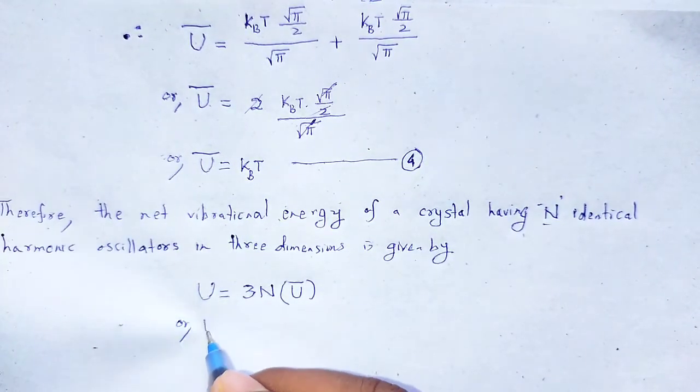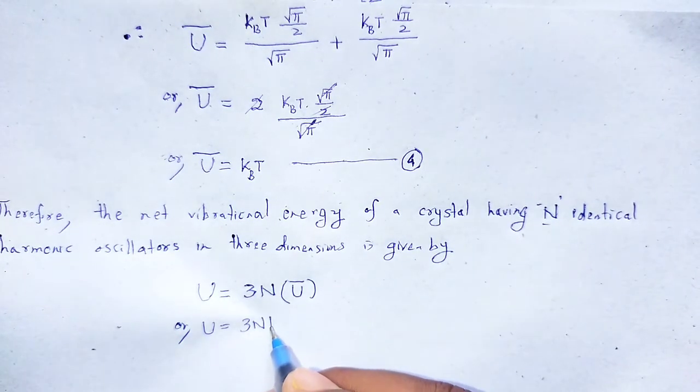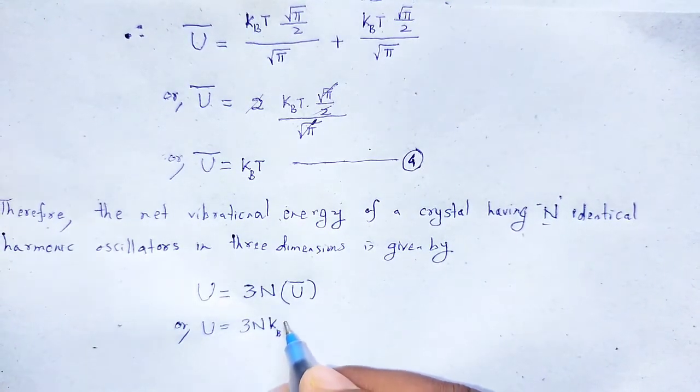Therefore, total energy U is equal to 3n kBT.